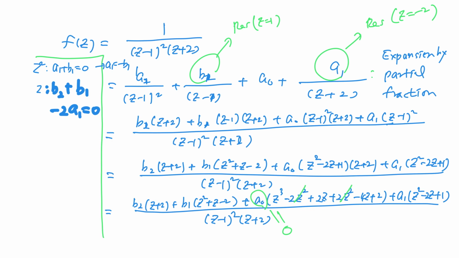And one final: the constant term, 2B2 minus 2B1 plus A1 is equal to 1.